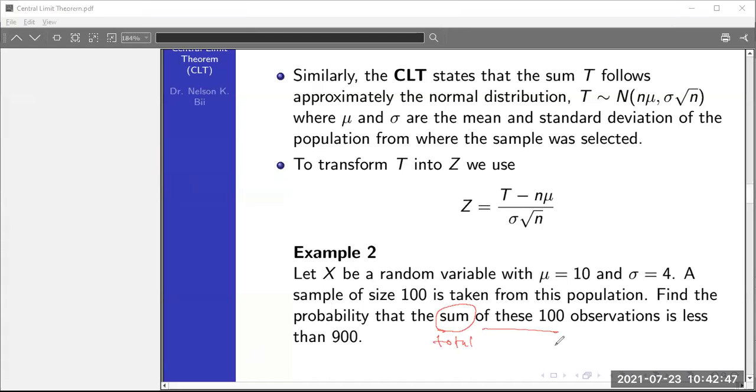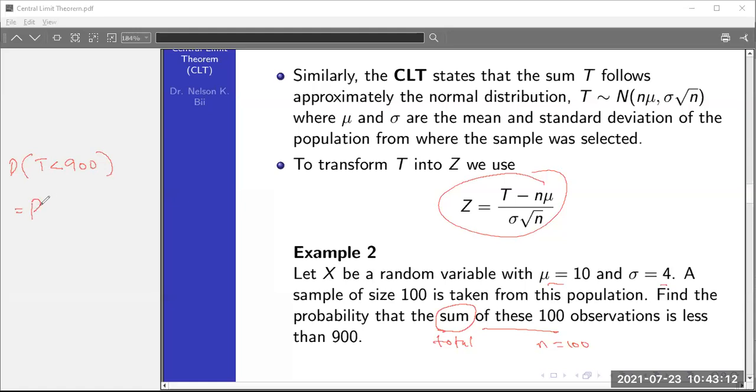Yes? Then again, n is equal to 100. We're given the mean, we're given the standard deviation. So this is how we standardize, okay? The question we want to solve here is to find the probability that the total is less than 900. So we standardize every value here.